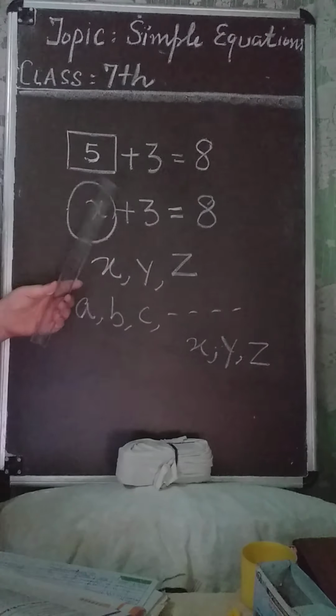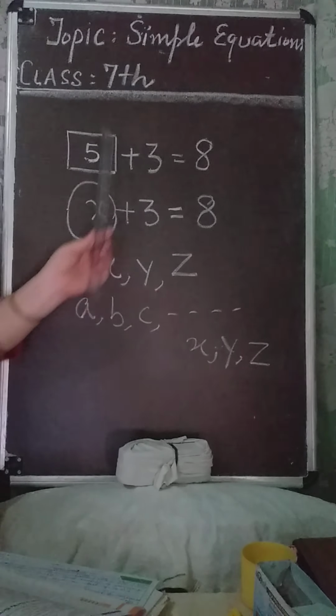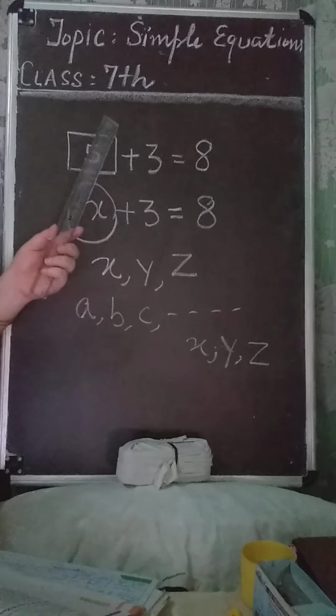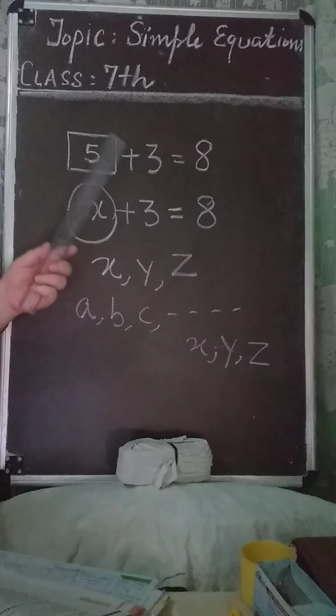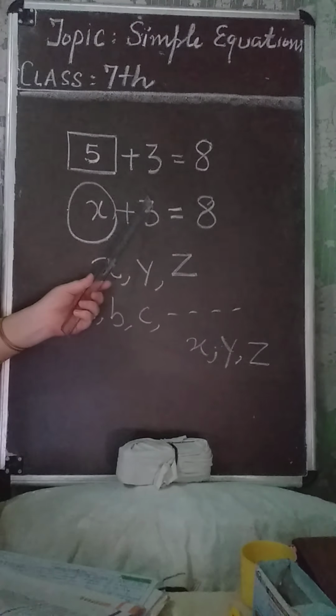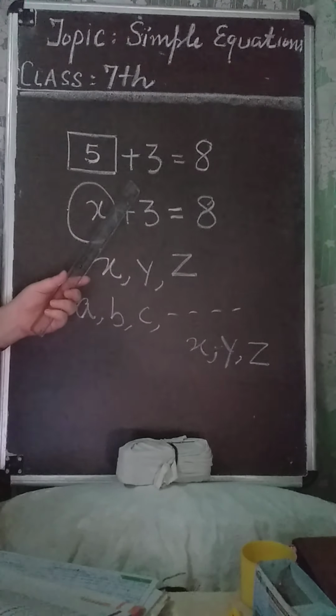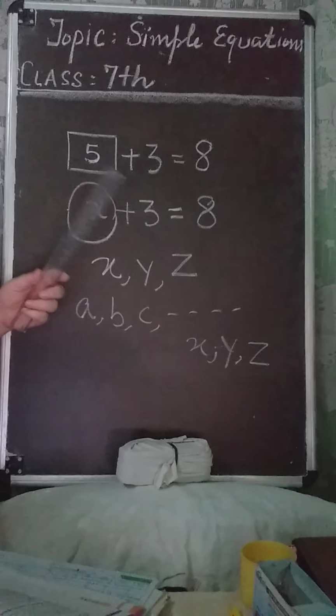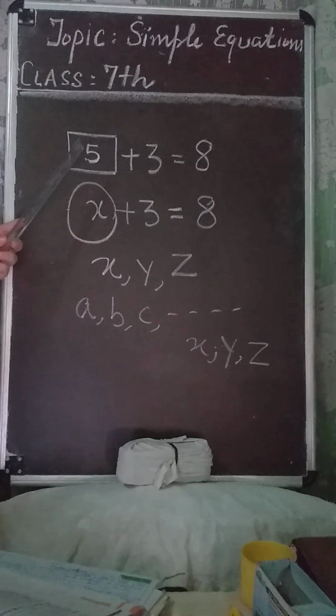When the value of the left side is equal to the value of the right side, this means the equation is balanced. Both sides of the equality sign must weigh the same. That means their weightage should be the same. When you change one side, do the same to the other side, so it stays balanced.